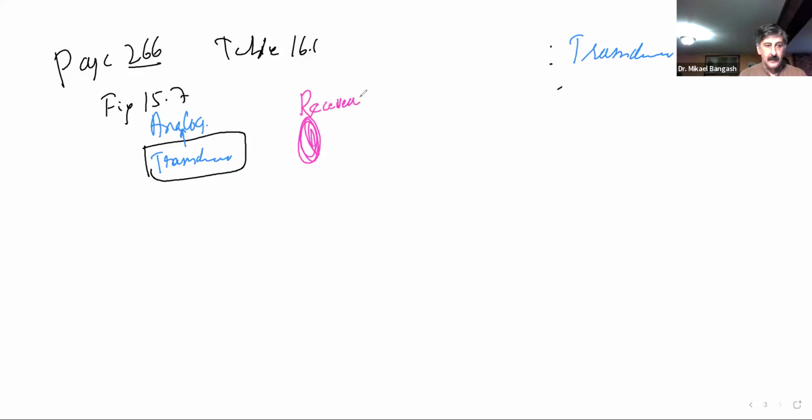So the signal that came from analog will go to the next component, which was the receiver. After which the signal will go to a scan converter.